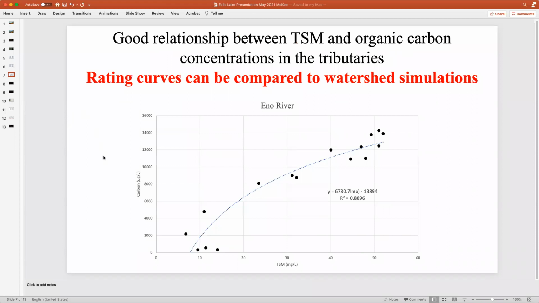So there's also a good relationship between total suspended matter and particulate organic carbon. And we think that's because most of the carbon coming into the lake, upper lake, comes along with lithogenic materials that make up most of the total suspended matter. All of these rating curves can be compared to watershed simulations. So they have an additional value that could be interesting.